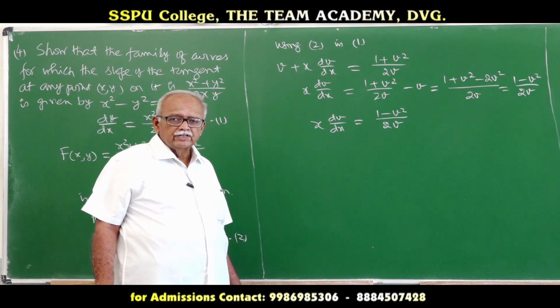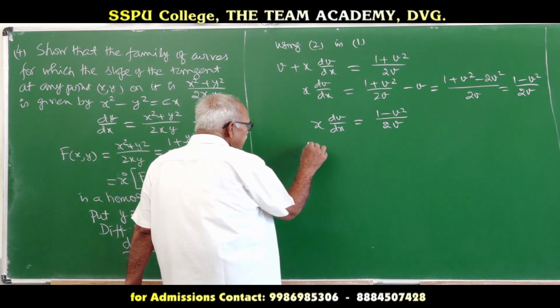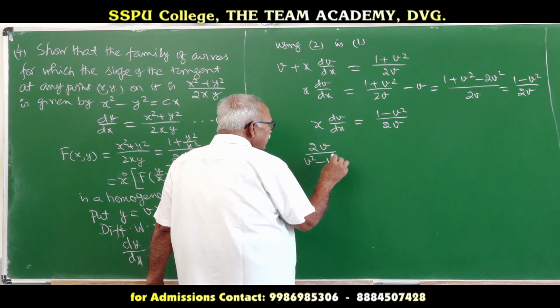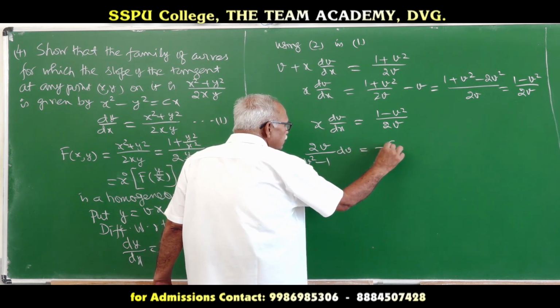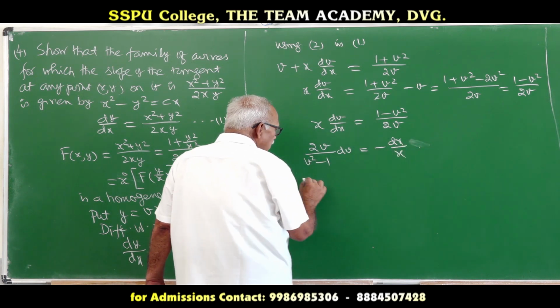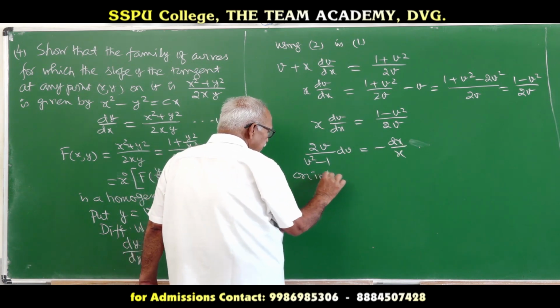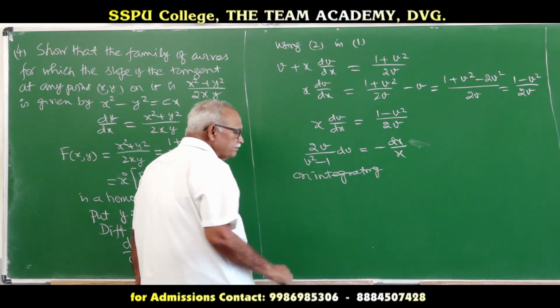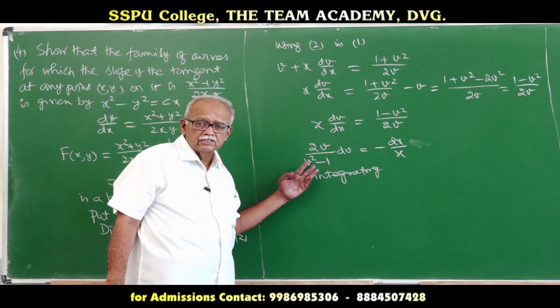Now we have to separate the variables. You can write here 2v by (v square minus 1) dv is equal to minus dx by x. On integrating, what is the integration for this? You have to take the denominator as a substitution here.